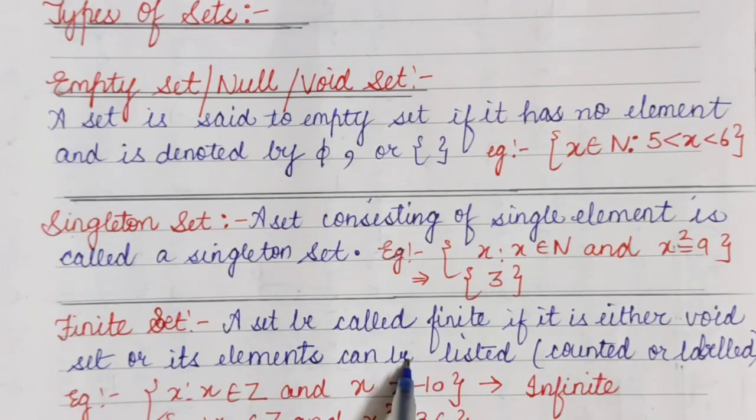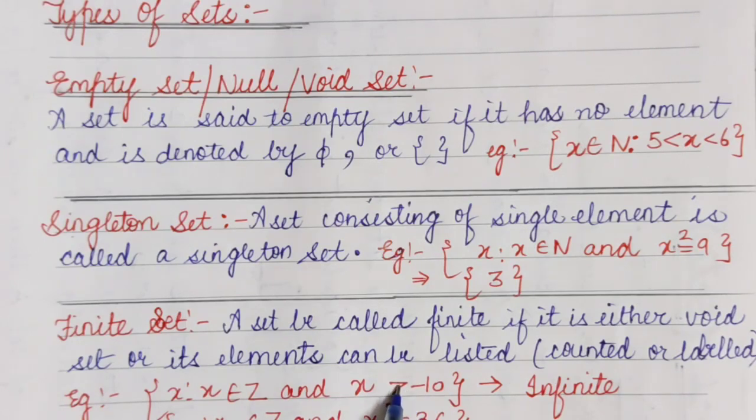are countable. Like see in this example what I have written, x such that x belongs to the set of integers. Integers means all positive and negative numbers including 0, and x is greater than minus 10. If they are saying x is greater than minus 10, it means it can be minus 9, minus 8, minus 7 till infinity.